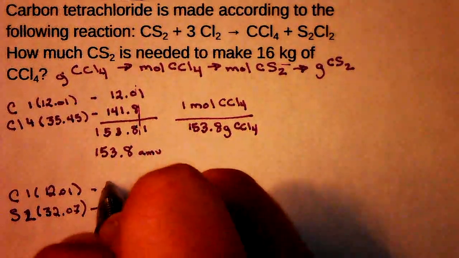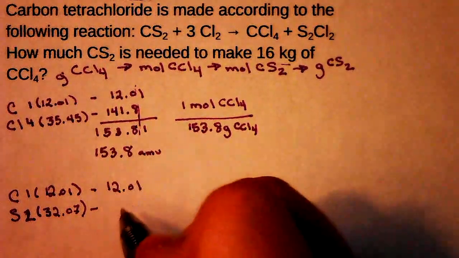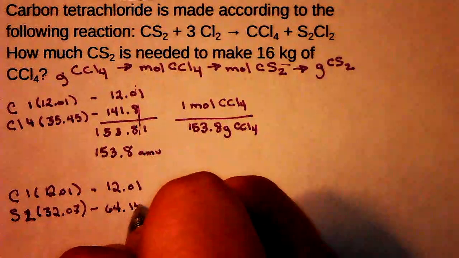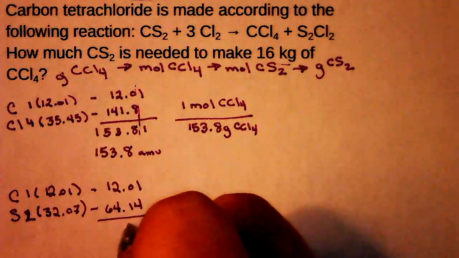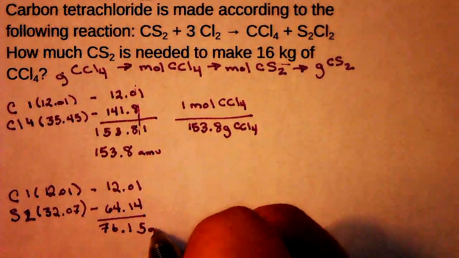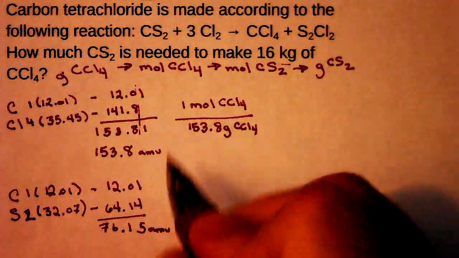So what you get there is 12.01. 2 times 32.07 is going to give you 64.14. We're good on those decimal places. And we're going to get 76.15. And again, that's atomic mass units, or molecular mass units, depending on which resource you're looking at.